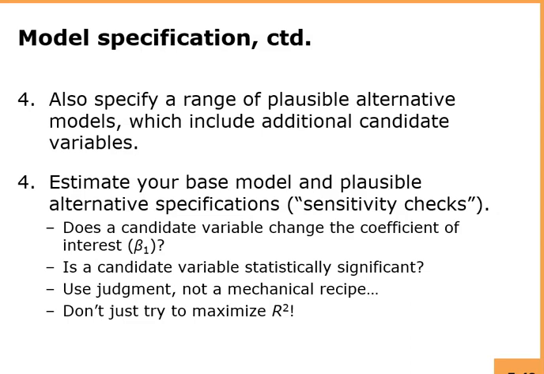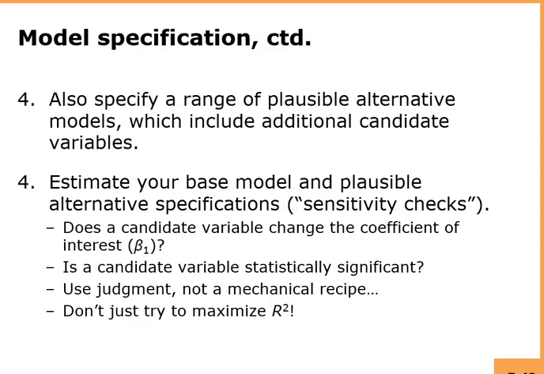So another important point is to use judgment when you are including control variables, meaning the control variables should be included based on some sort of economic theory which derives the correlation between the control variable and the residual.